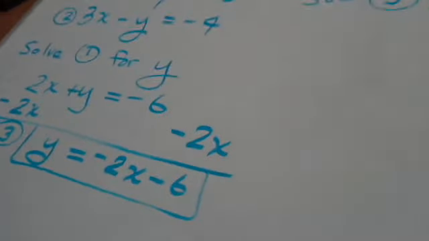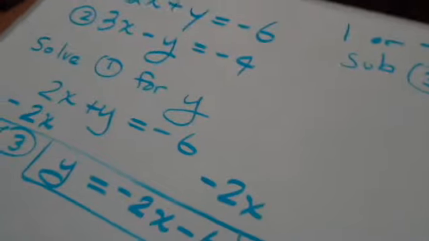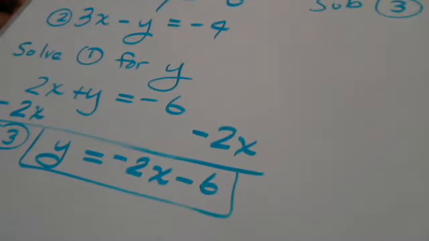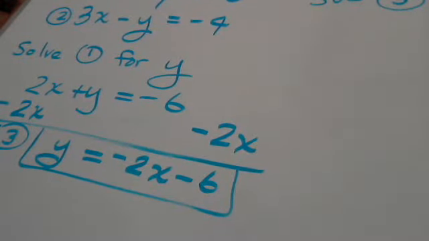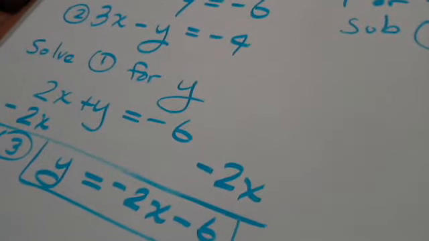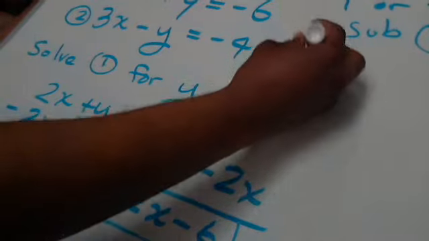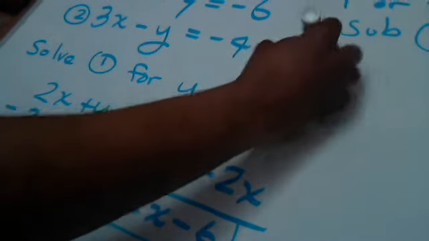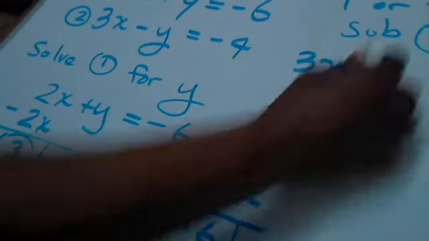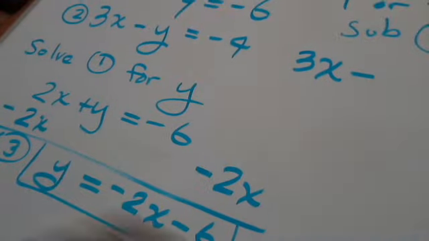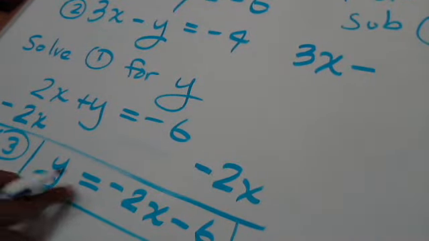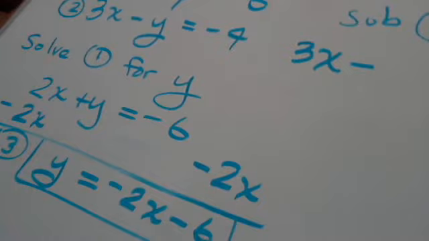Substituting equation 3, this y is equal to negative 2x minus 6, into equation 2 right here. So what that'll look like, this will be 3x minus, now instead of y, I'm going to use this negative 2x minus 6.